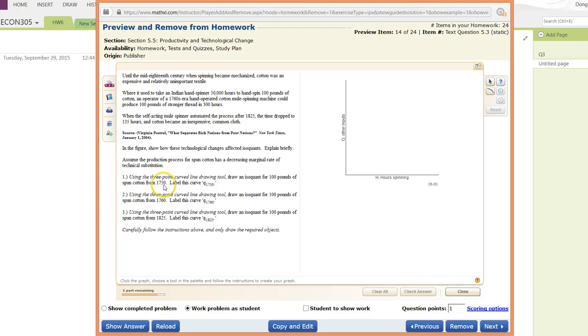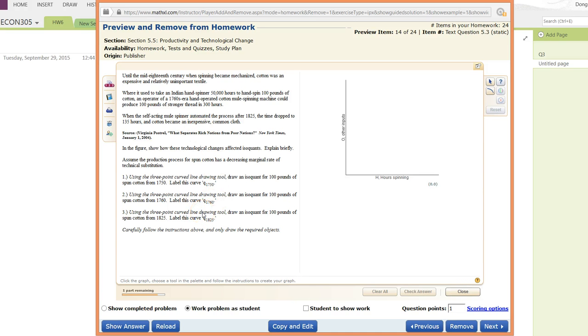One for 1750, so that's before the first hand-operated cotton mill spinning machine was invented. And the second one is right at that spot when that machine was invented at 1760. And the third isoquant will be drawn in 1825, which is when the new cotton machine was invented.